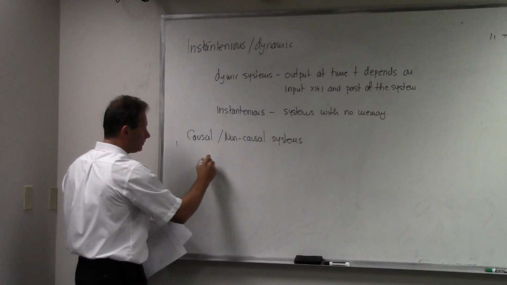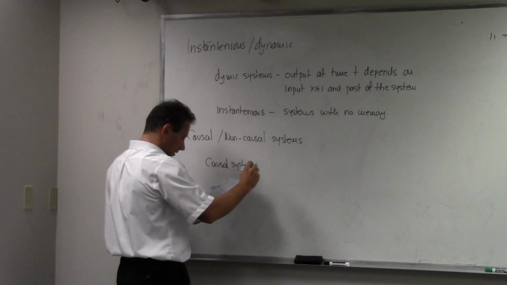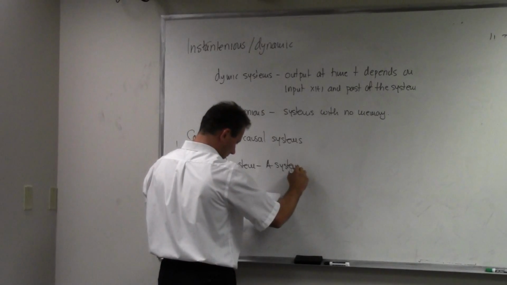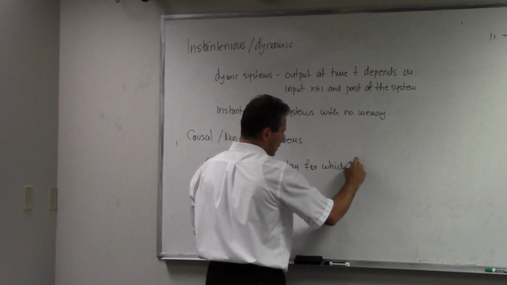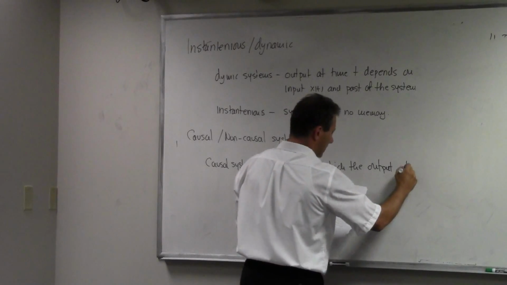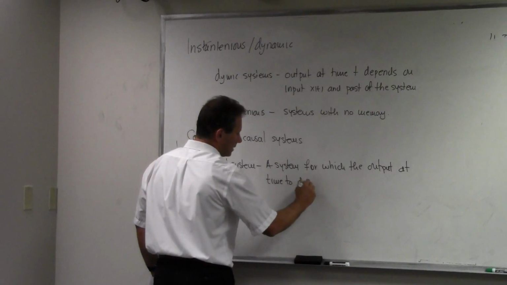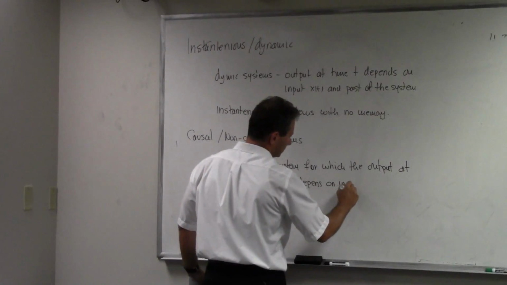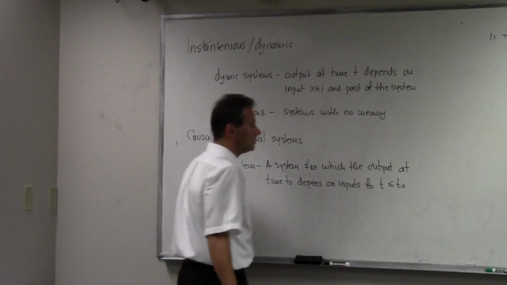A causal system is a system for which the output at time t, or time t0, depends on inputs for t smaller or equal to t0.